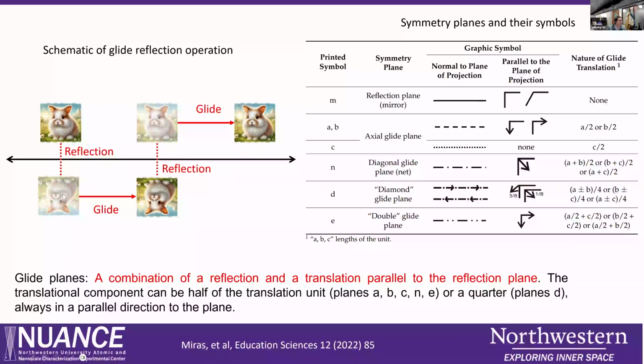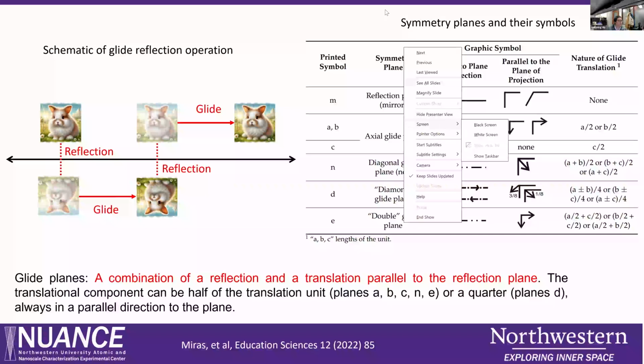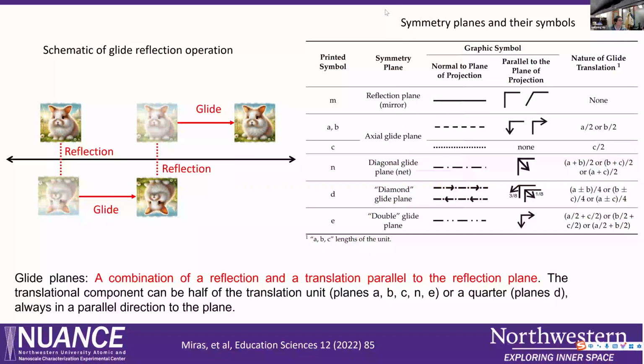But if you do another partial translation, you get this one here. So from here to here, we call this a glide reflection. Then if you do another glide reflection, it will come back here. This is 1, glide reflection to 2, do it again, go to 3. So we call this the glide reflection.